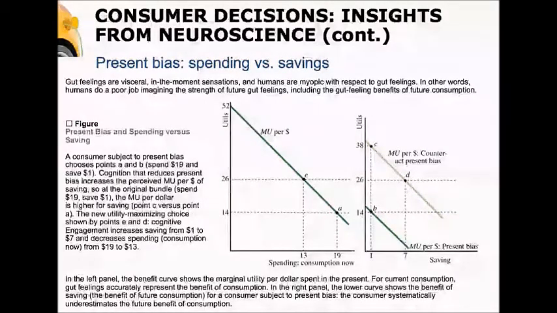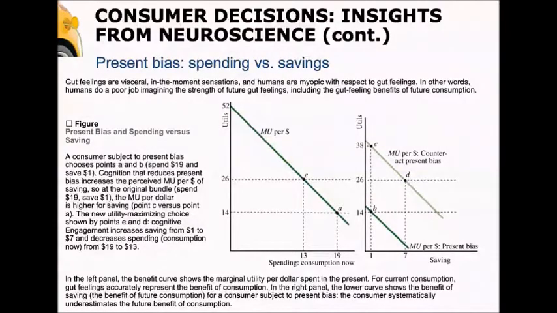So if we compare marginal utilities per dollars across these two different goods, consumption now or savings, we would get equimarginal rule putting us at points A and point B, with $19 spent on current consumption and $1 saved, and 14 utils per dollar for each good.